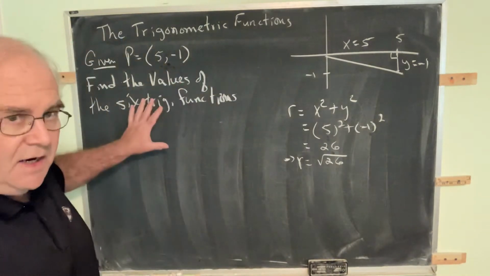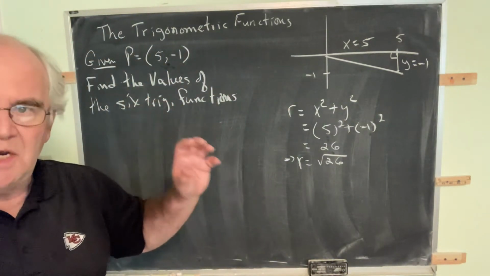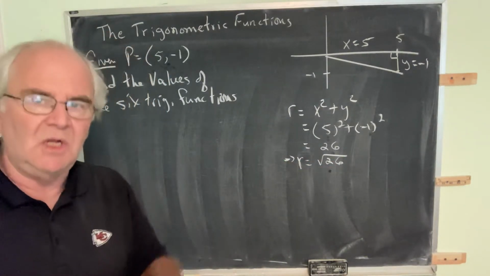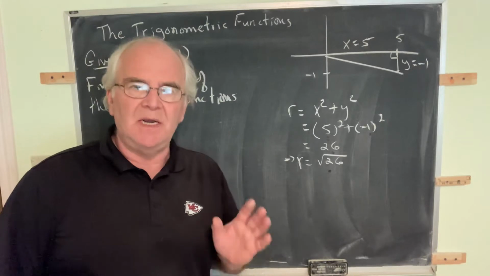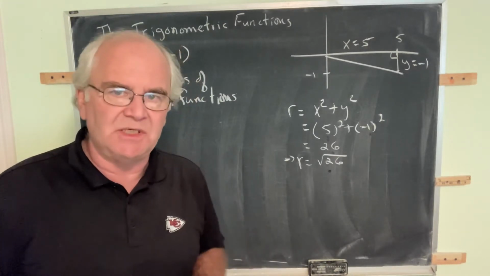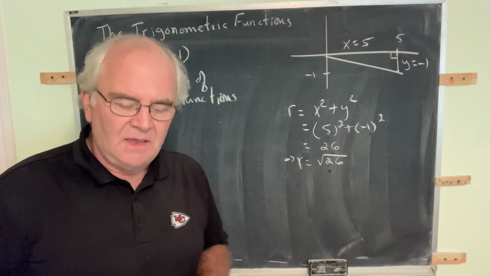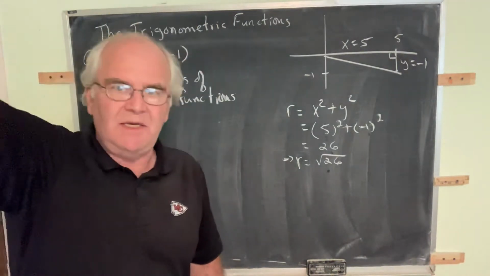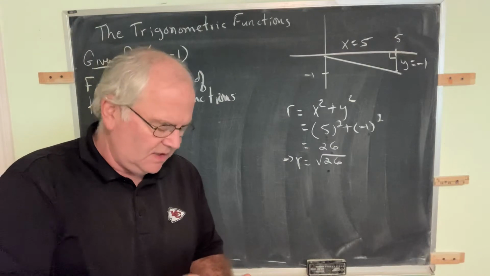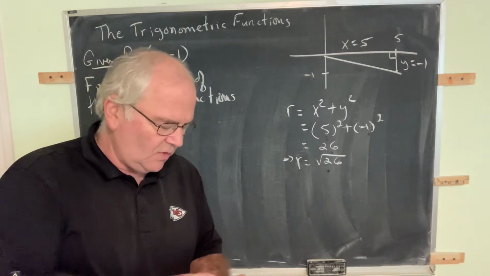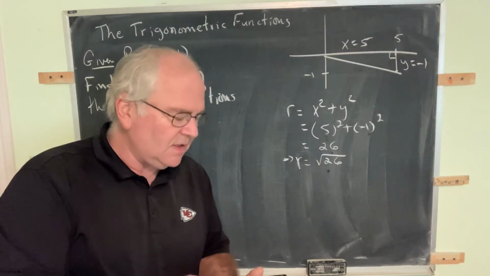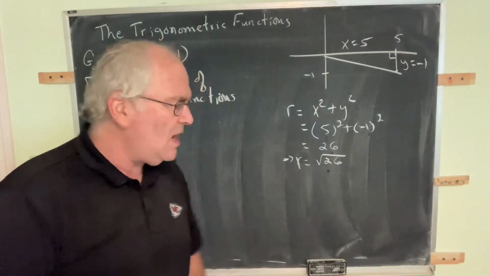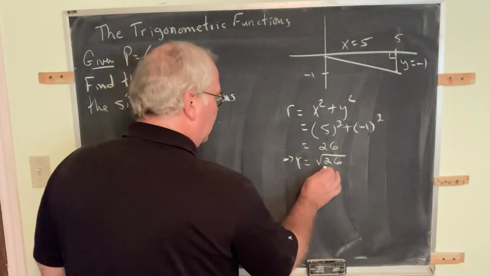When you're doing this work, do not change this to a decimal. Yes, if for some reason 10 years from now you want the square root of 26, it's 5.099 something, whatever, that's wonderful. But for now, leave your answer here.